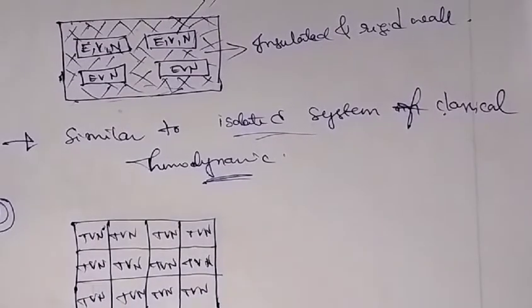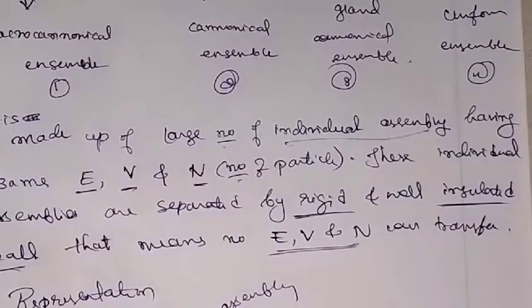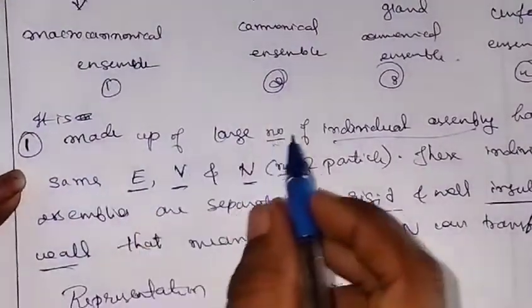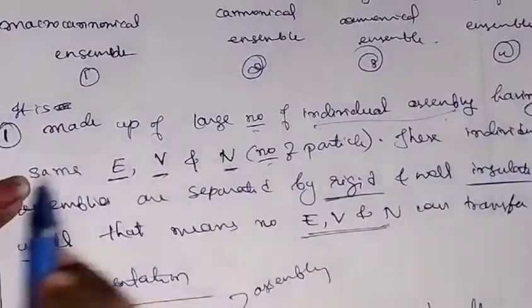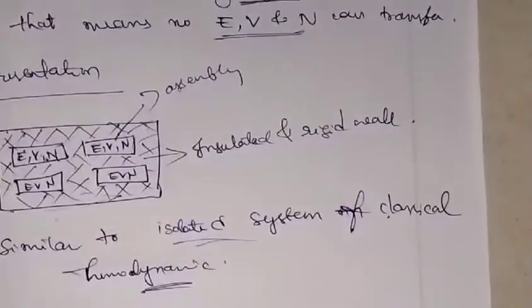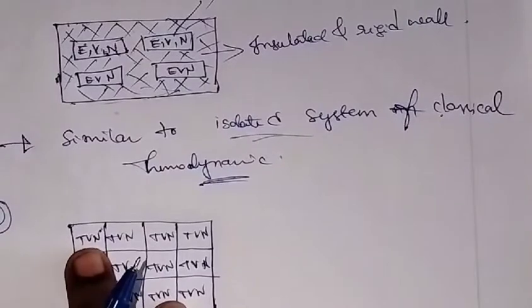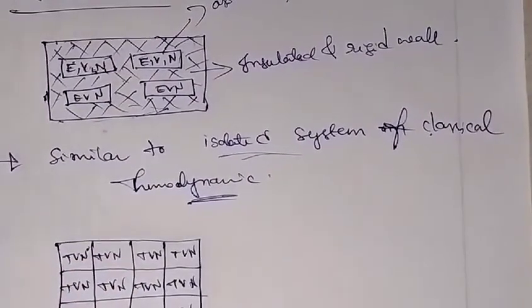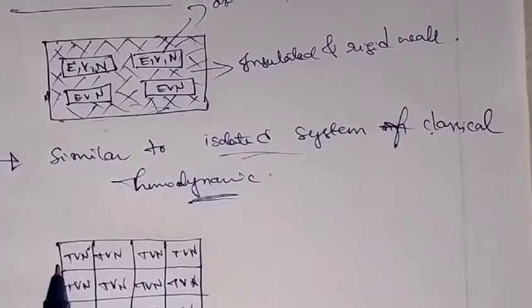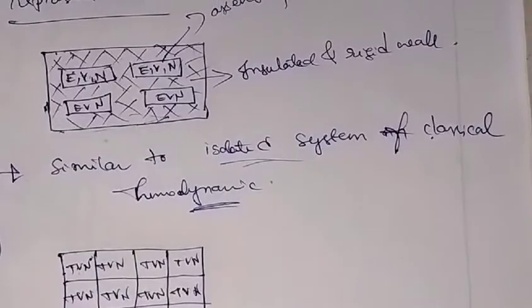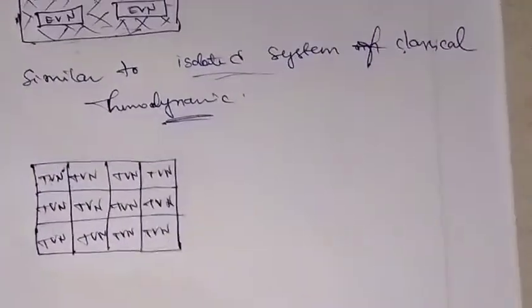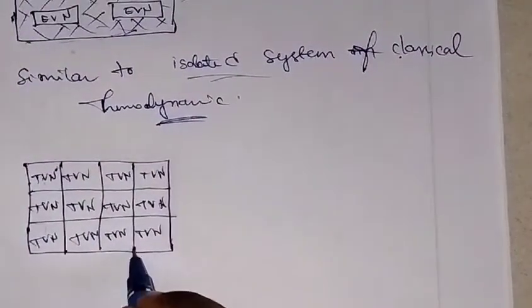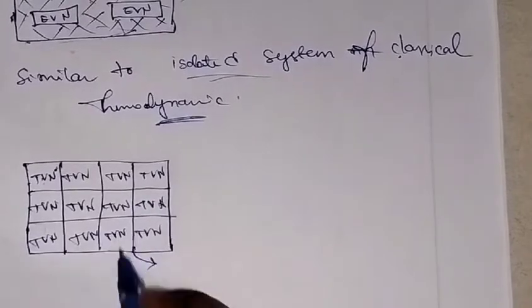Now, how do you write the definition? It is made up of a large number of individual assemblies having the same temperature, same volume and same number of particles. That is the definition of the canonical ensemble. Here, as I already said, it is not a rigid wall.